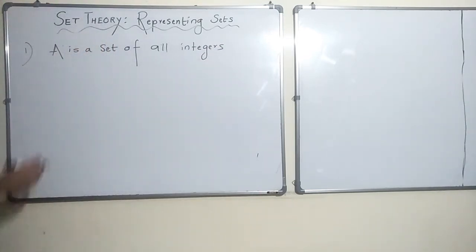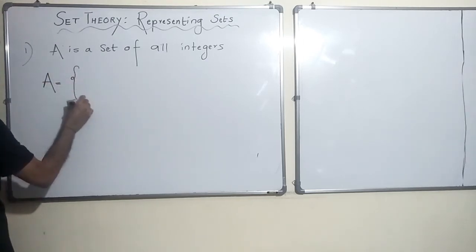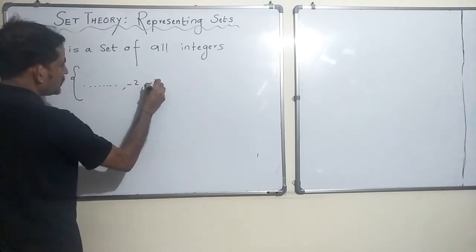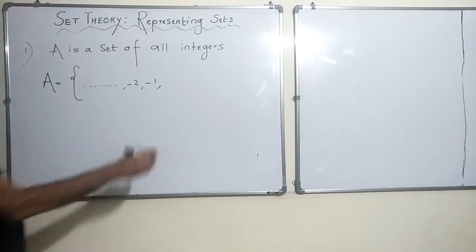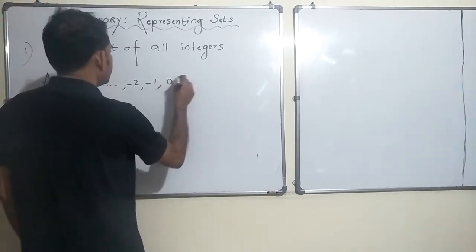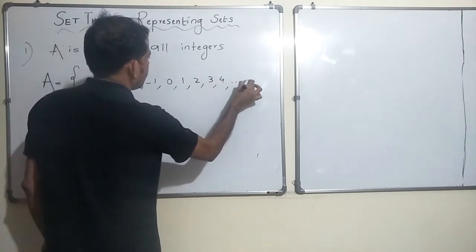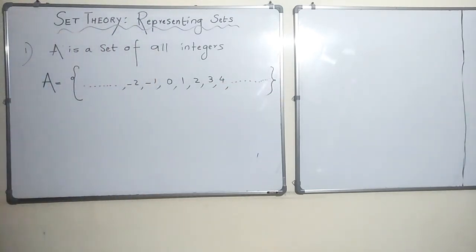So I can write it as -2, -1, 0 and so on.